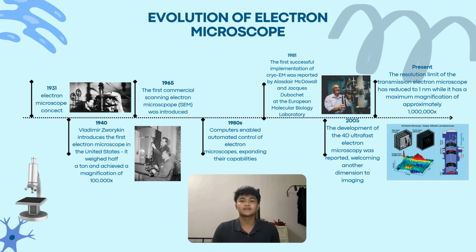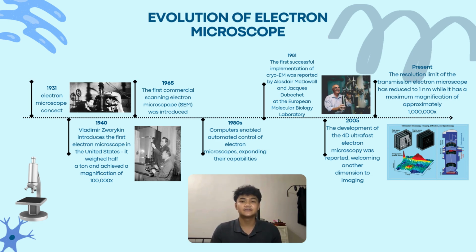Alasdair McDowall and Jacques Dubochet at the European Molecular Biology Laboratory reported the first successful implementation of cryo-EM, a technique that allows us to look at biological samples in their native frozen states without destroying them.